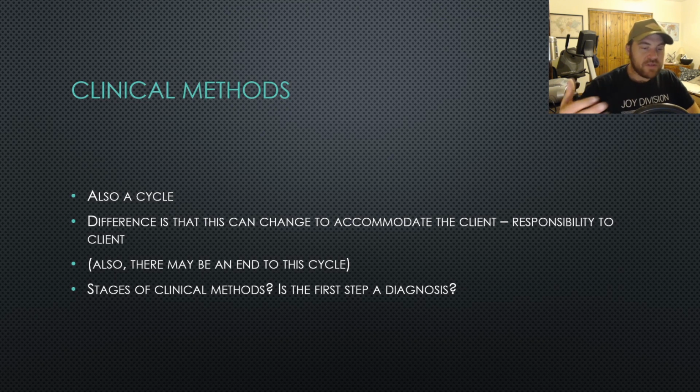And then the stages of clinical methods, the first thing you want to do is not a diagnosis, right? The first thing you want to do is look at what the difficulty is, without a diagnosis. So let's say you're in a school, you want to say that this kid presents with slushy S's. Every 5 or 6 times he says S, it's kind of a slushy sound.